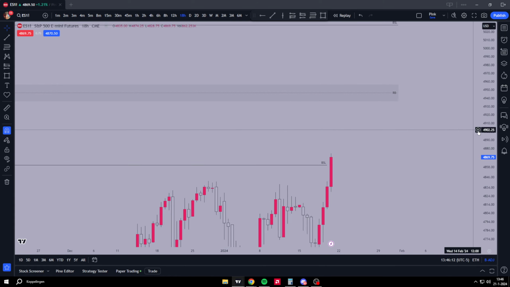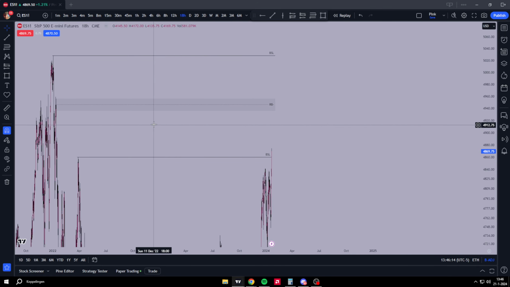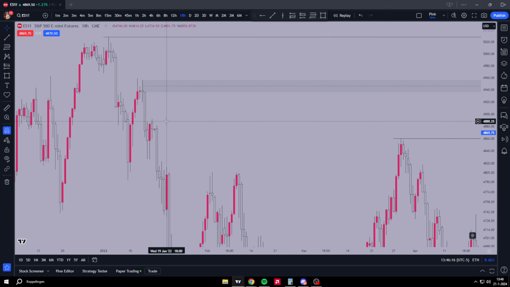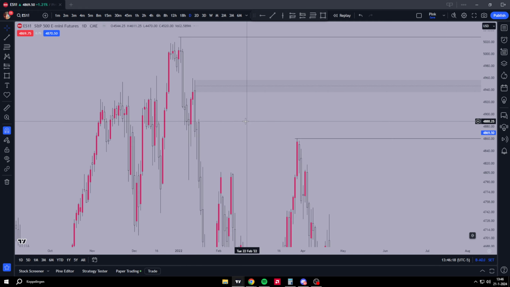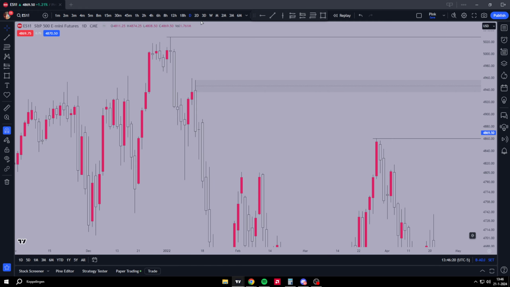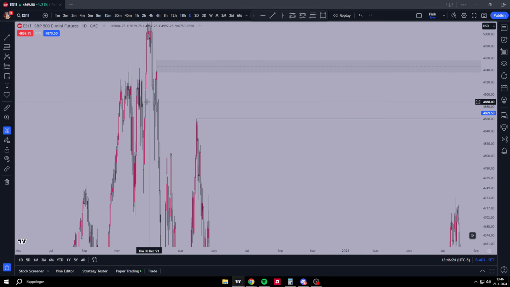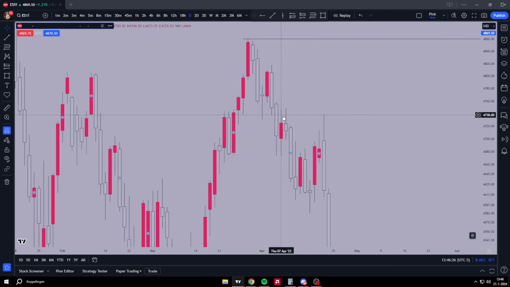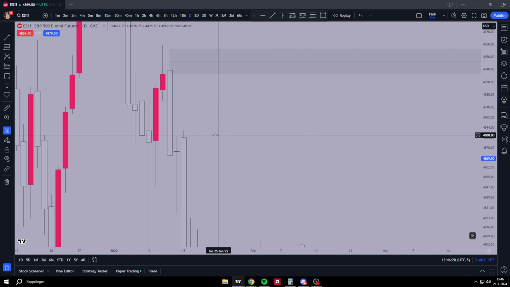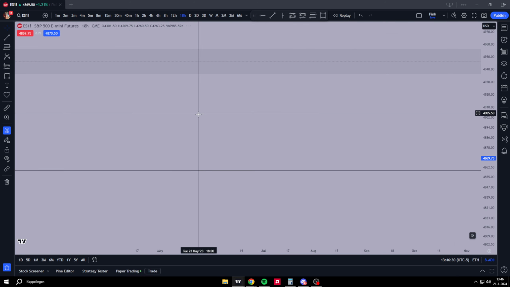So this is our rejection block. And in here, nothing else really. There's this wick. Let's look at the 2-day. This could be a really small speed bump. It isn't really a lot.